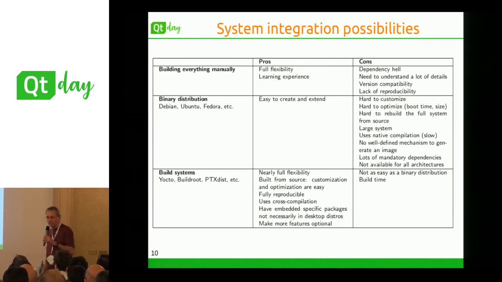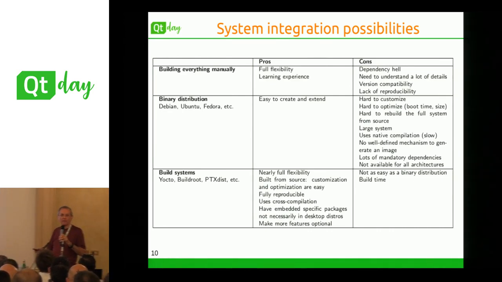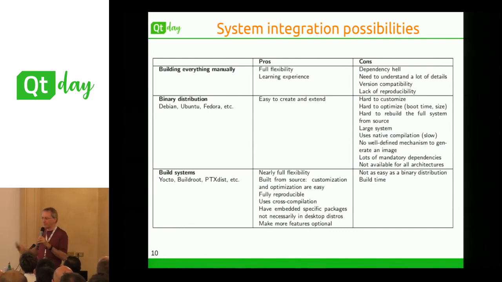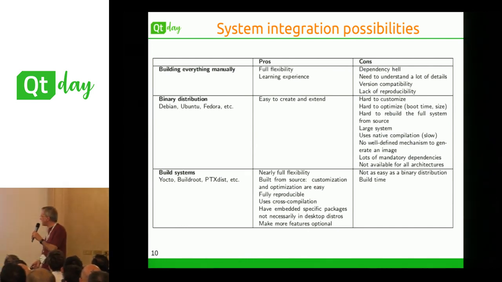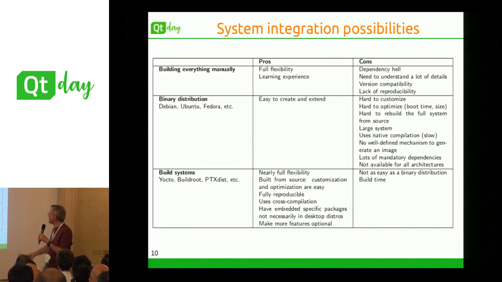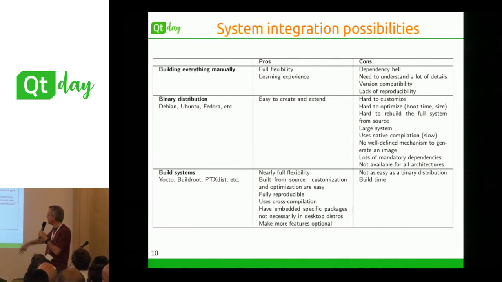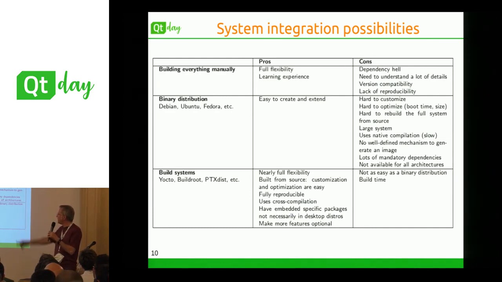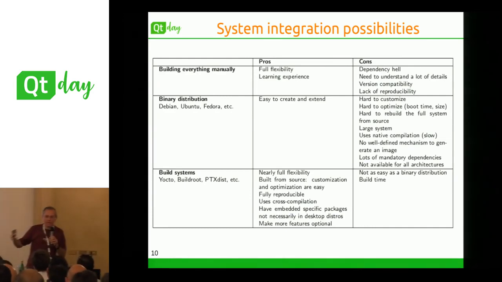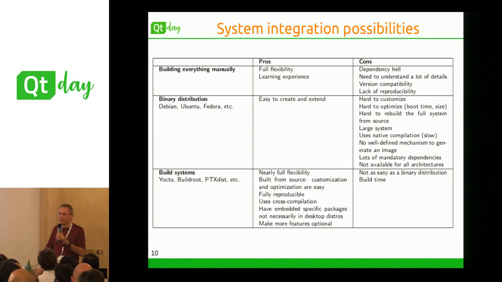The third choice was developed by developers who wanted something to automate the distribution creation process. It has been done using systems like OpenEmbedded, which is the foundation of Yocto itself, Buildroot, PTXdist, OpenWrt, and several other build systems.